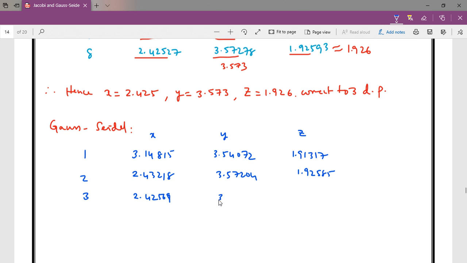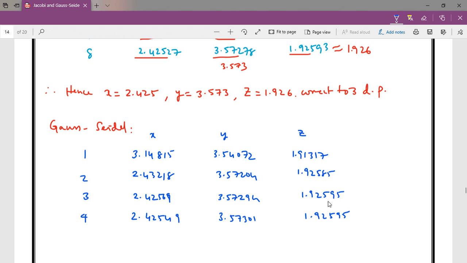In the third iteration, x changed to 2.42569, y changed to 3.57294, and z is 1.92595. Okay. The fourth iteration, so it is again 2.42549, y value is 3.57301, and z value is 1.92595.